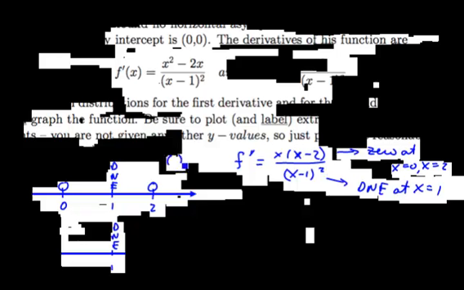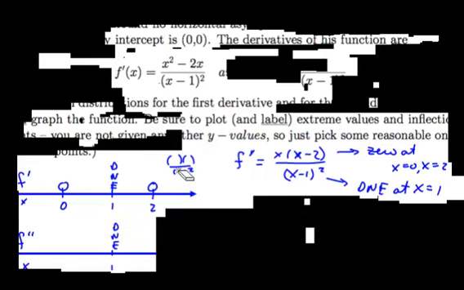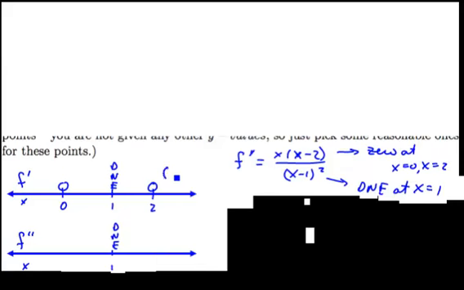Between 1 and 2, the x value is positive, and if I subtract 2 from it, I end up with a negative. So I have positive for the x value and negative for the x minus 2 value. That means a negative in here.